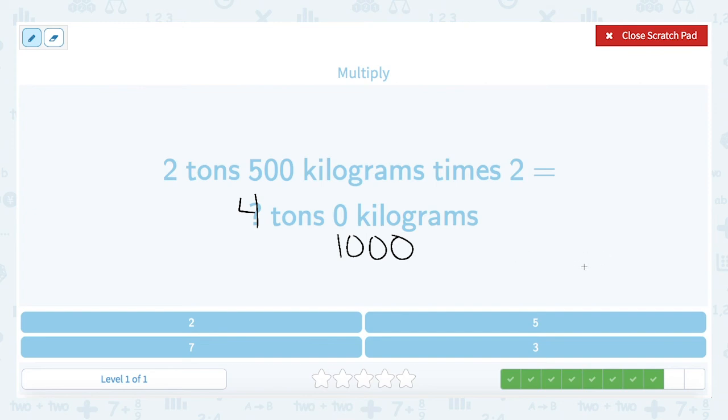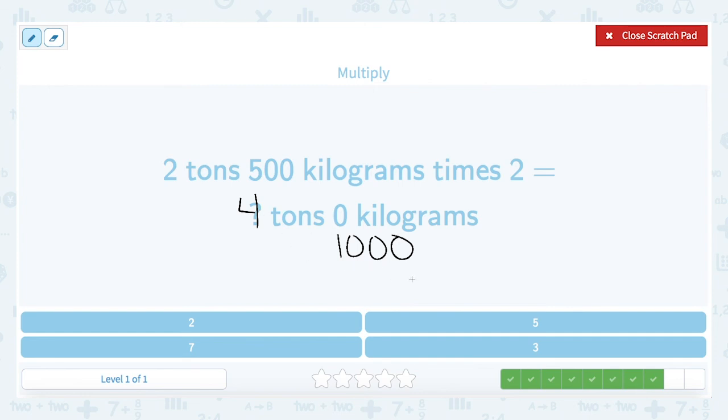Now, what we need to figure out here is how many kilograms are in a ton, because we end up here with 0 kilograms. That means that this must somehow have to become some more tons.